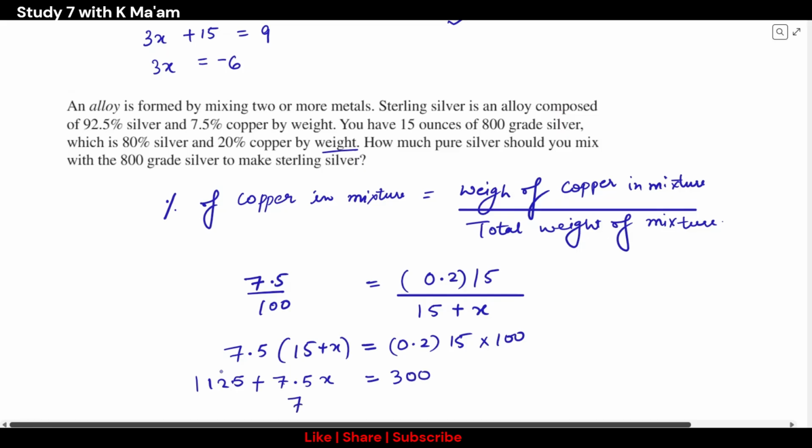From this, if I solve, 7.5x equals 187.5. x is equal to 25. So that means we have to mix 25 ounces of pure silver with the 15 ounces of 800 grade silver. Okay, so this question is done.